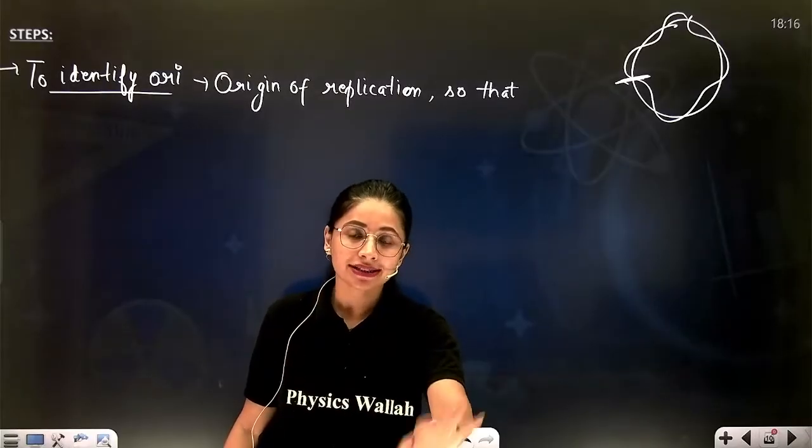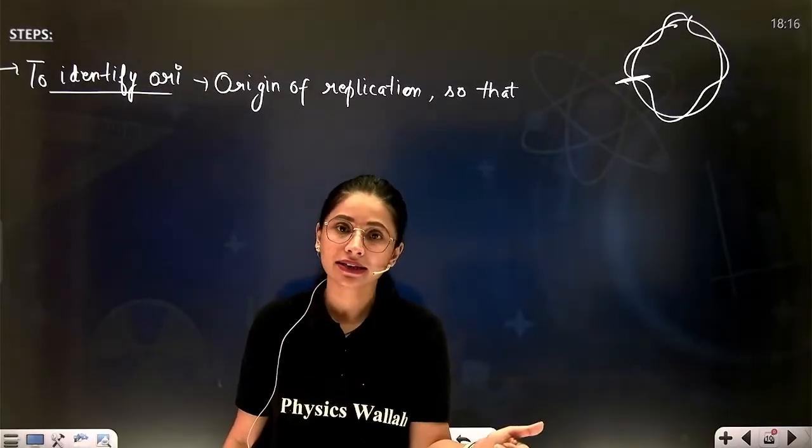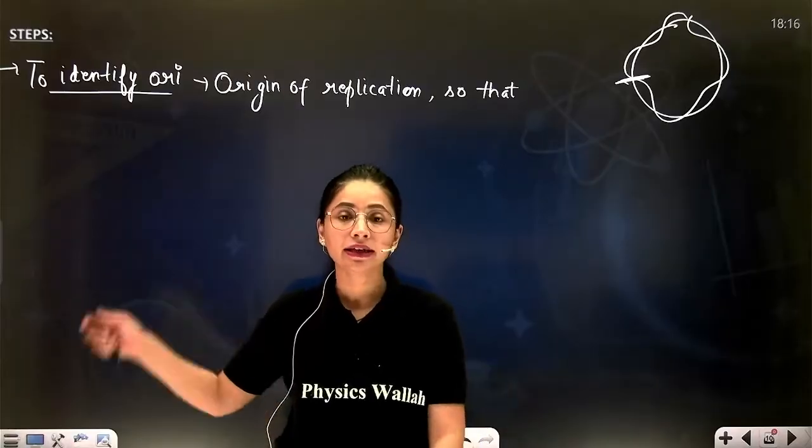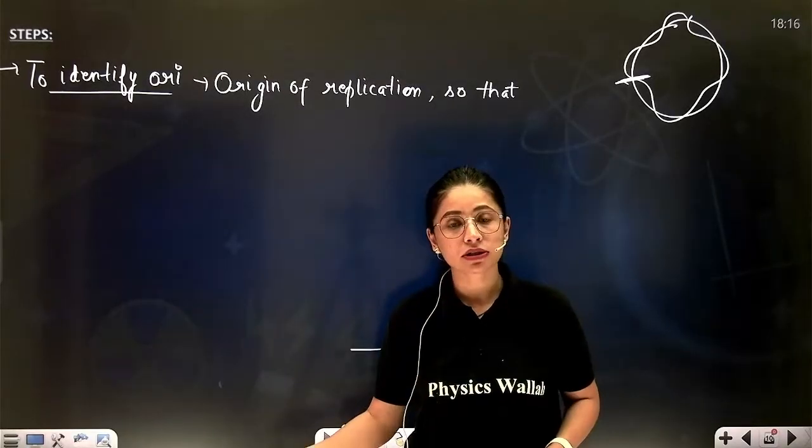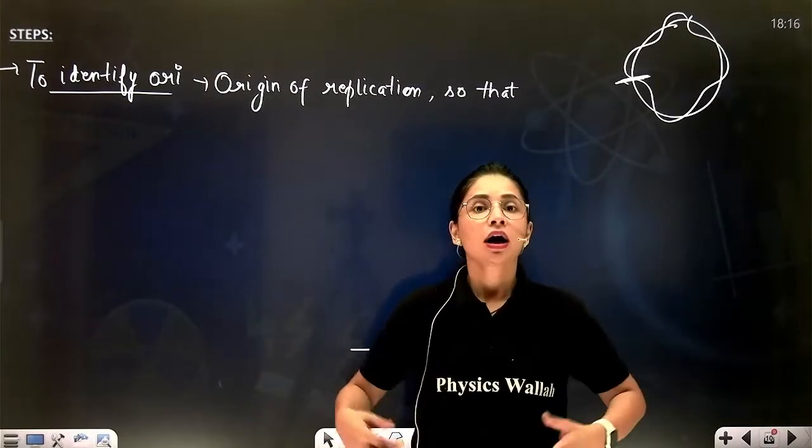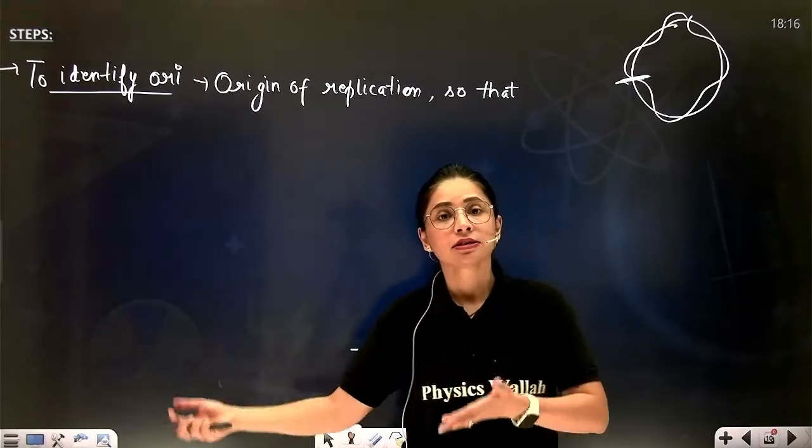Then only you can judge, then only you can take the right decision. Similarly, till the time we do not start the process from the correct location, how can we expect a correct solution?